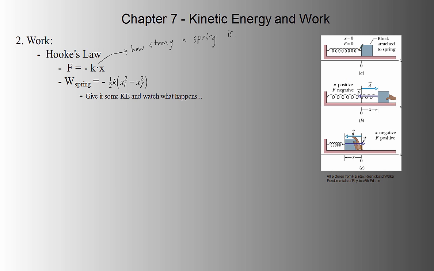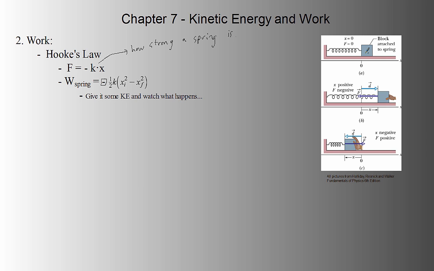Next chapter we're going to talk about where that kinetic energy goes. It's a fun little term called potential energy, but we'll get there. Anyway, that will basically explain this negative, why that was negative work, because we're taking energy out, right?